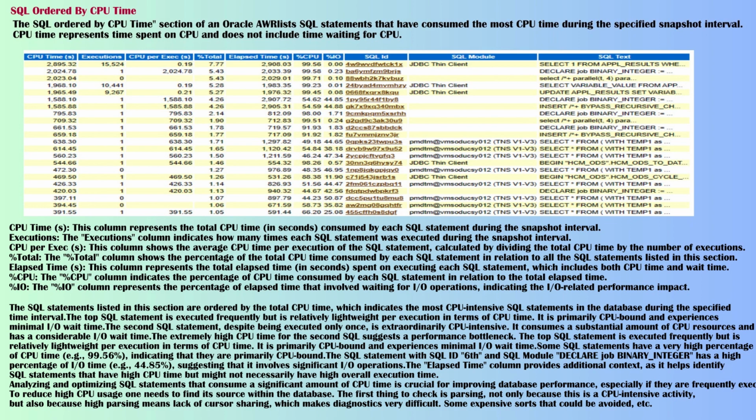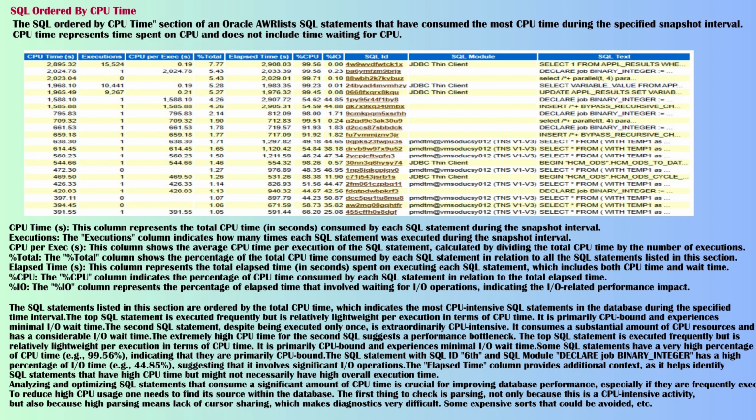It accounts for 5.43% of the total CPU time, had an elapsed time of 2,033.39 seconds, also consumes a significant amount of CPU time, 99.58%, and experienced an I/O wait time of 0.23%. The extremely high CPU time for the second SQL suggests a performance bottleneck.